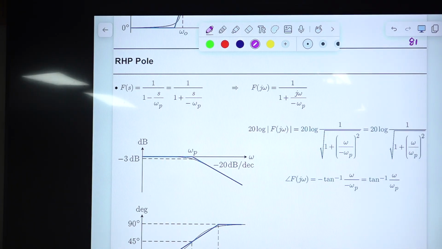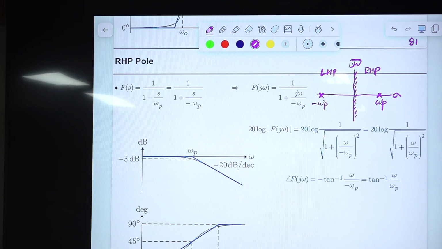So this is the S plane here, with sigma and j omega axes, and usually the pole appears here at minus omega p. Sometimes the pole appears here, at omega p. So this is the RHP, the right-hand plane of the S plane, and this is the LHP, the left-hand plane of the S plane.